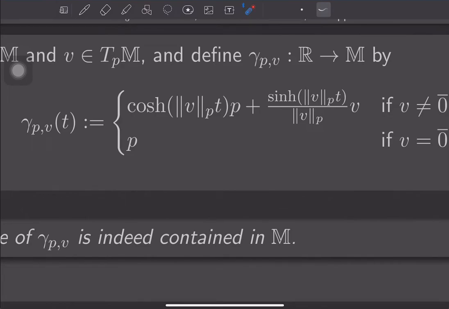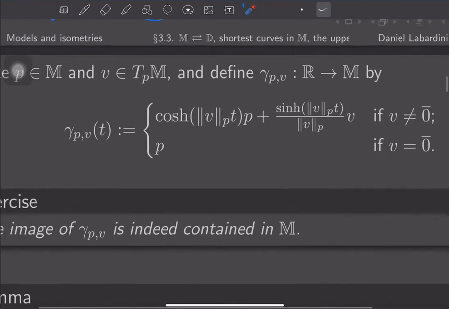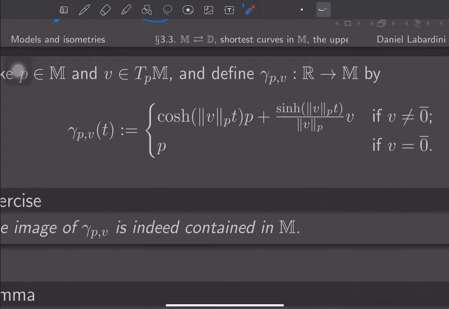Right. So you see, imagine for a moment that the length of the vector is 1, that is, rapidity 1. So this becomes 1. So it's really, this would be hyperbolic cosine of t, and here I would have hyperbolic sine of t, and then divided by 1. Right?